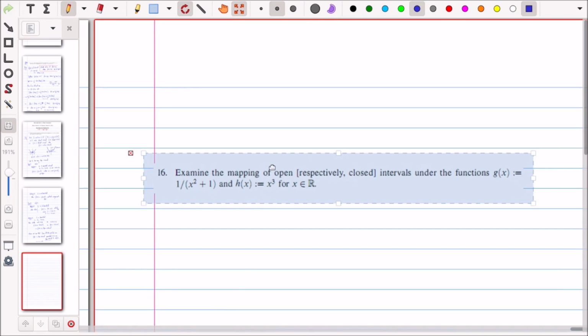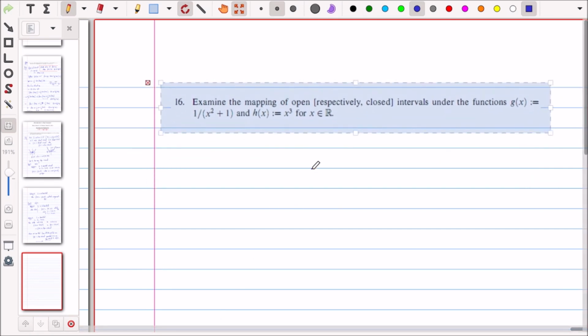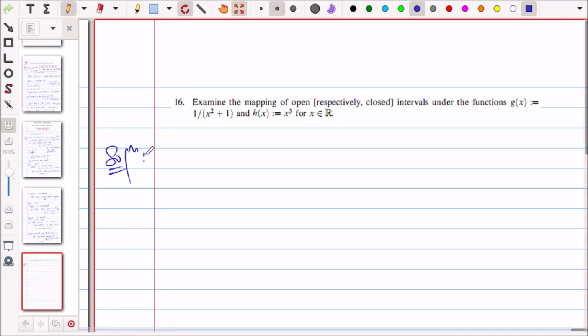Now let us move to question number 16. Let me just copy paste the question. It is of a similar type. In this we are given two different functions, so this question can be done along similar lines. I will just state the intervals it will map to.